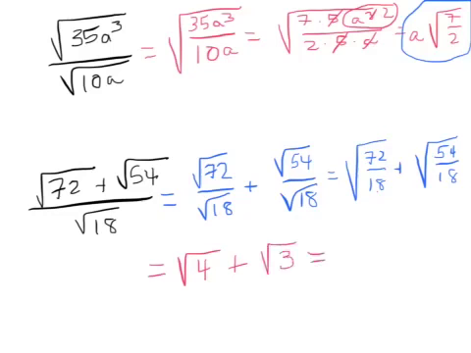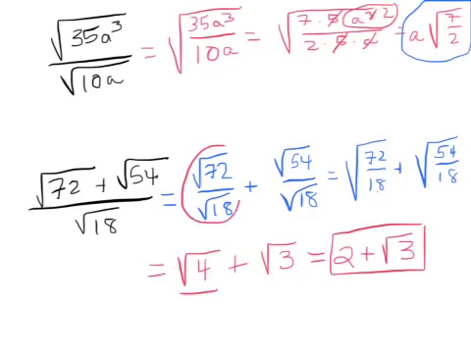I also know that the square root of 4 is 2. Can't do anything to simplify the square root of 3, so I've got 2 plus radical 3. So again, I split this into two separate problems, simplified each one, and then got my quotient.